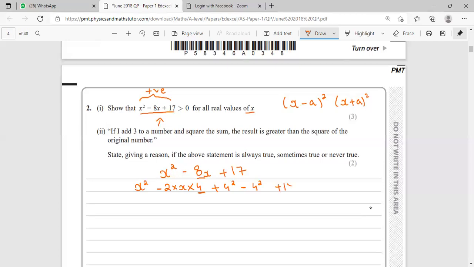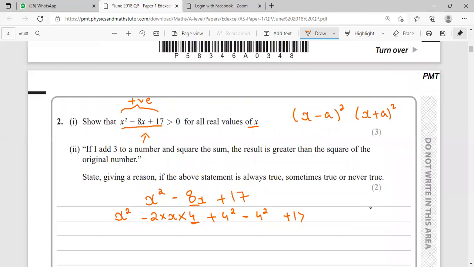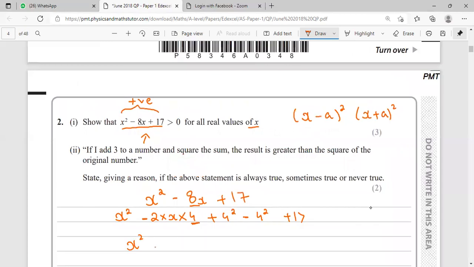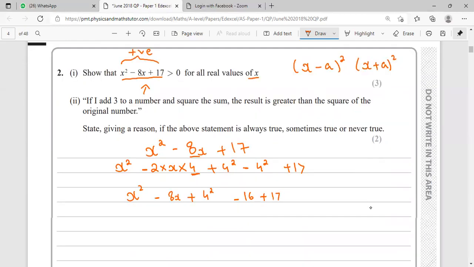Now let's simplify it further. We are going to get x square minus 8x plus 4 square minus 16 plus 17. Then we know that this basically is x minus 4 whole square plus 1.